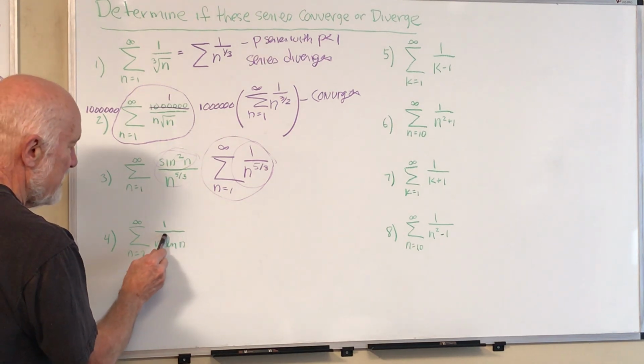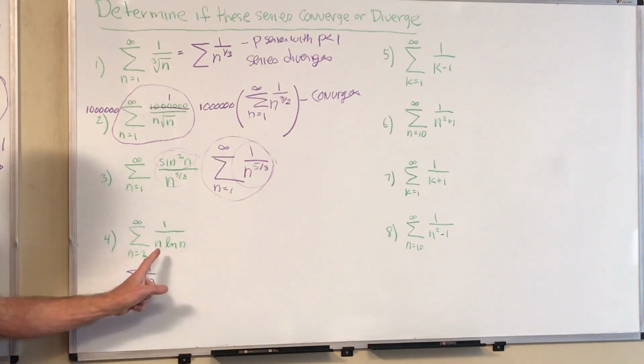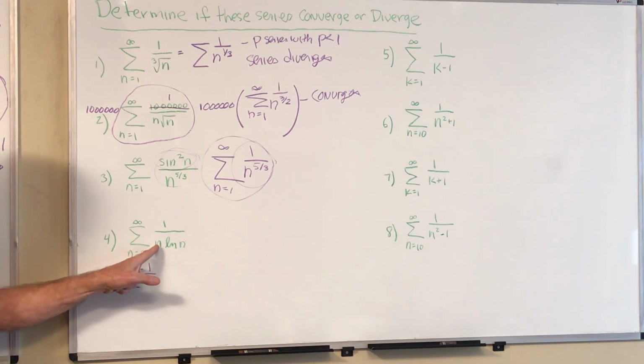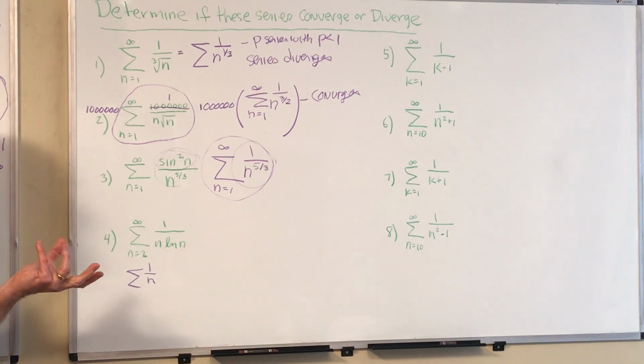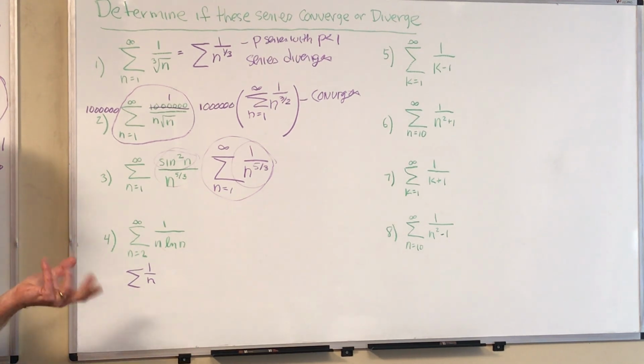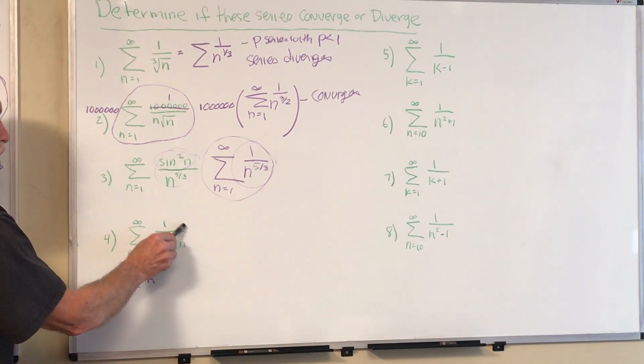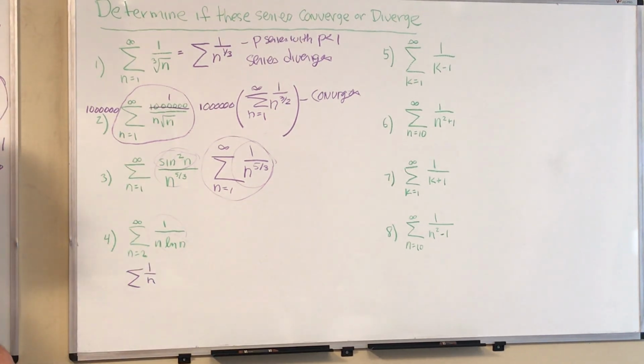But now, when you're adding numbers down here, you're multiplying n by natural log of n. And those numbers mostly are going to be bigger than 1. So you're making the denominator larger, so these whole terms are smaller. So maybe they're enough smaller that it's going to make it converge, even though this one diverges. We don't know for sure, but we can't use the comparison test.